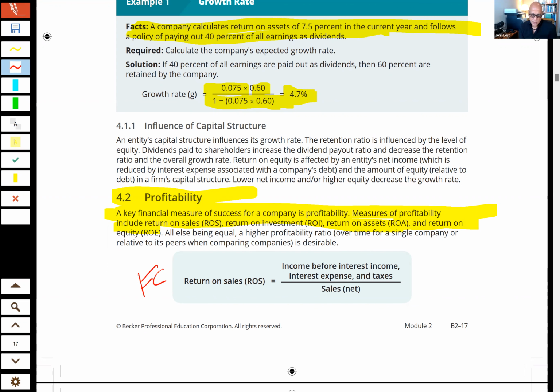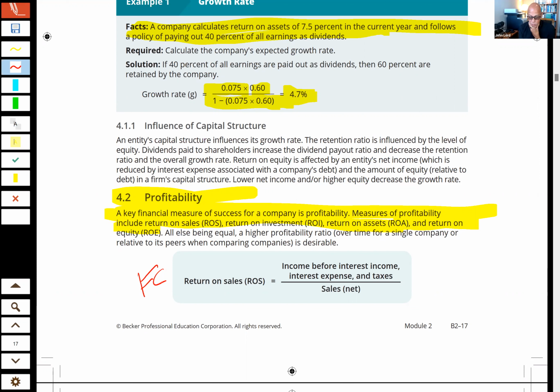Now, sometimes when I look at that number, I see operating income, and that can be that same number, right? Because we have operating income and then we start dealing with interest income, interest expense, and taxes when we calculate net income.